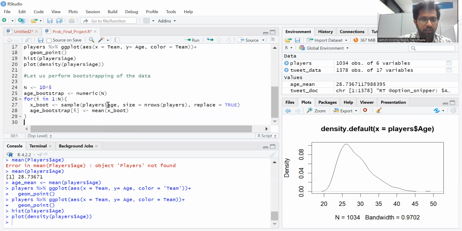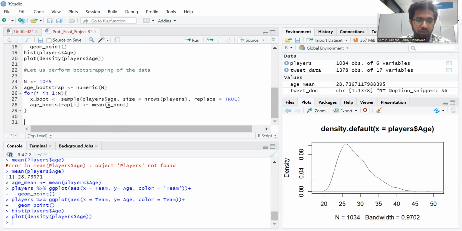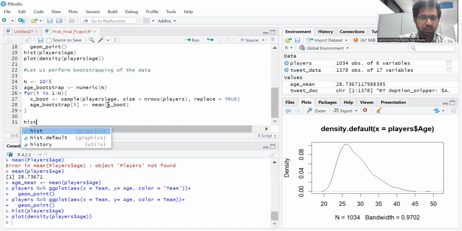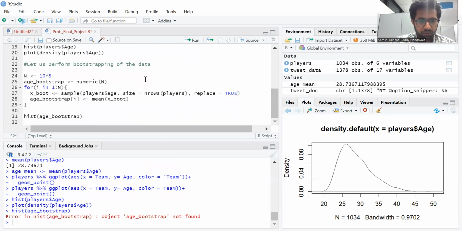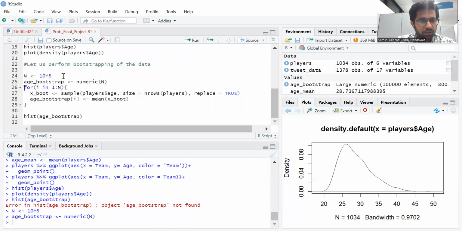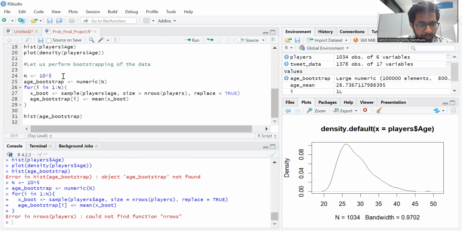Let us check the distribution now, how the distribution curve and the histogram look. Histogram of age underscore bootstrap. Let's check. Oh, sorry, I think I haven't run this command. nrow of players. The nrow function could not be found.